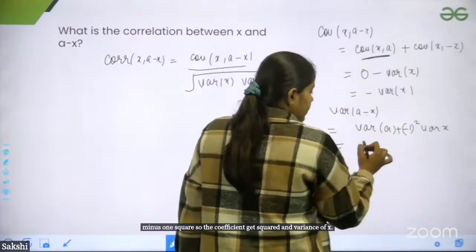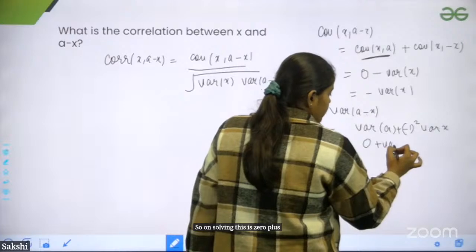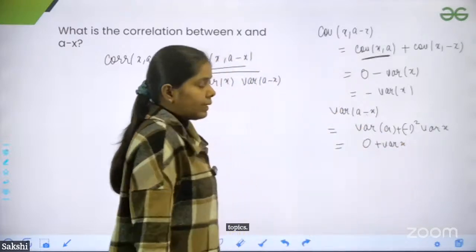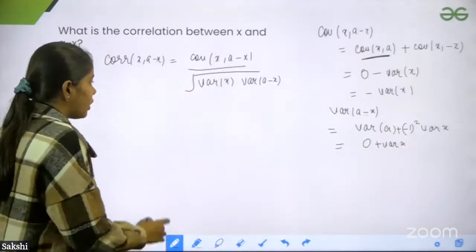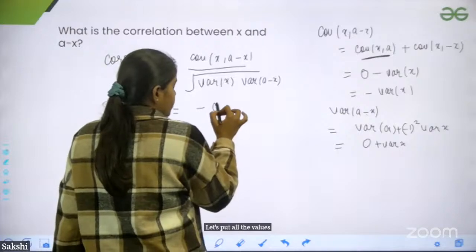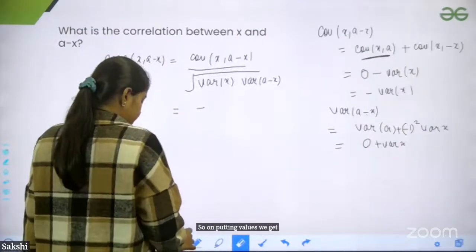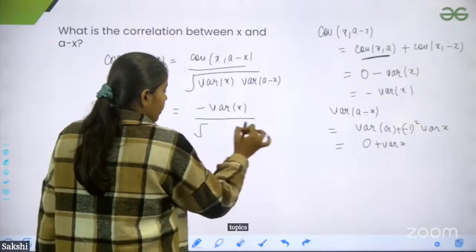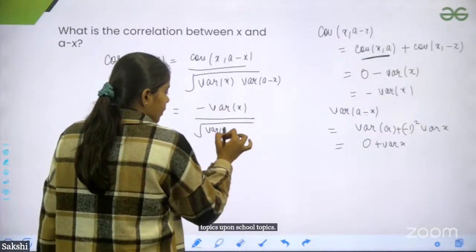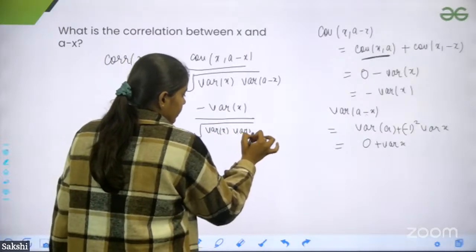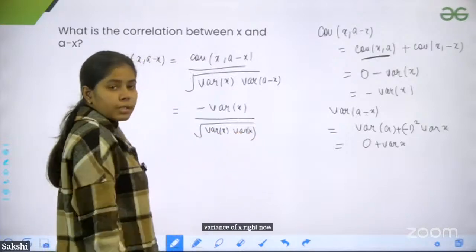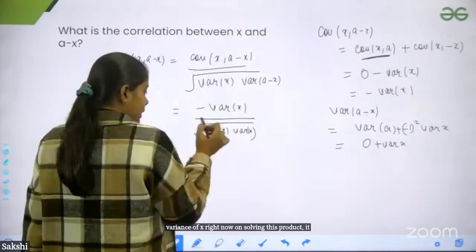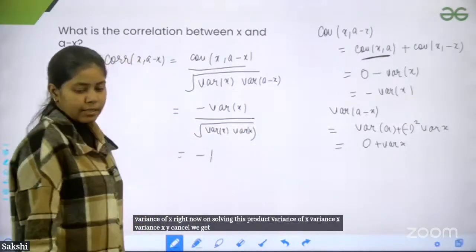So on solving, this is zero plus variance of x. So we get this as variance of x. Now let's put in all the values. On putting values, we get minus variance of x upon the square root of variance of x into variance of x. Right? Now on solving this, the variance of x gets cancelled, we get minus one, right?